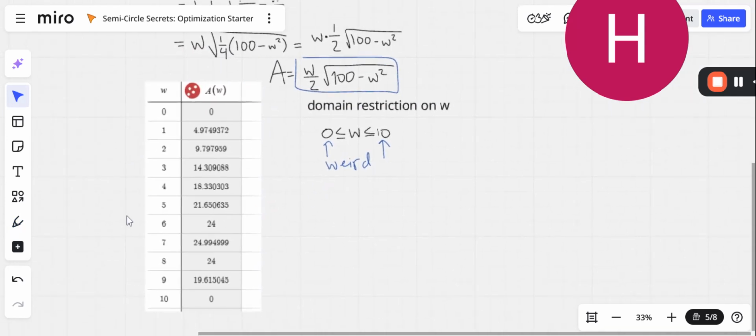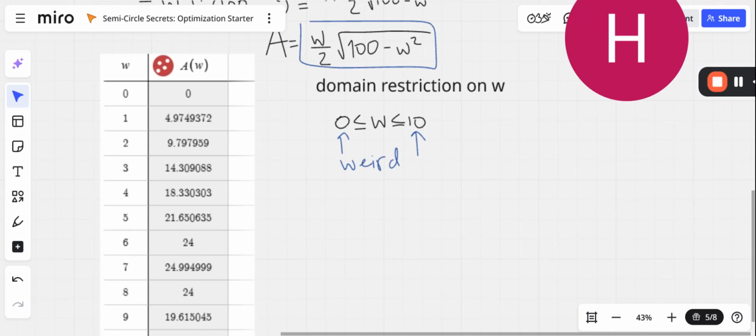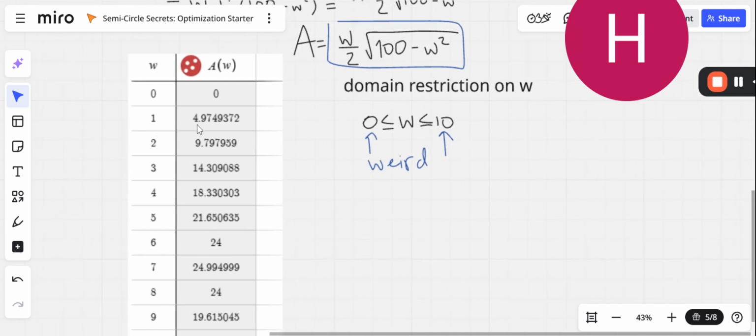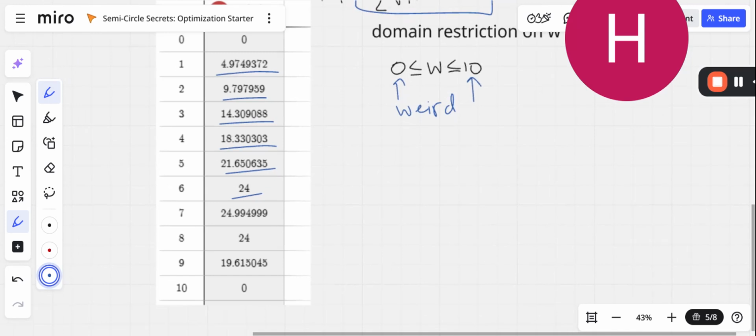And I have the equation for the area plugged into this function for the table. You'll notice that as I plug in larger values for W, the area correspondingly increases. It's increasing quite a bit. It looks like it caps very, very close to 25. Yeah, very close to 25 indeed.